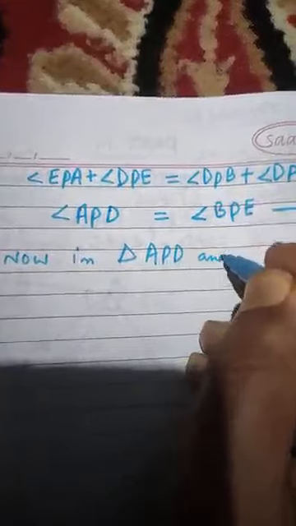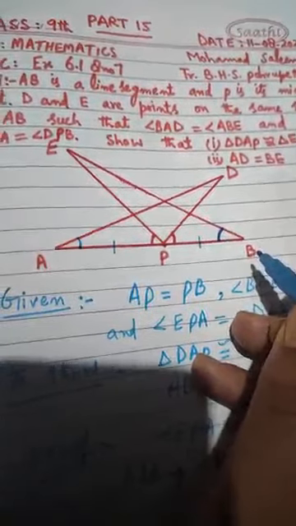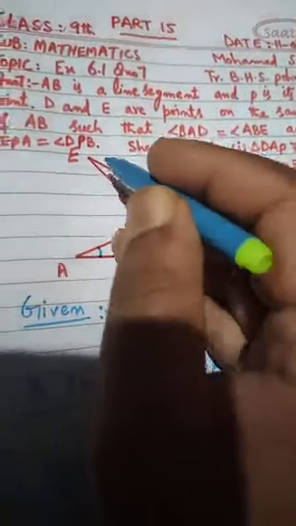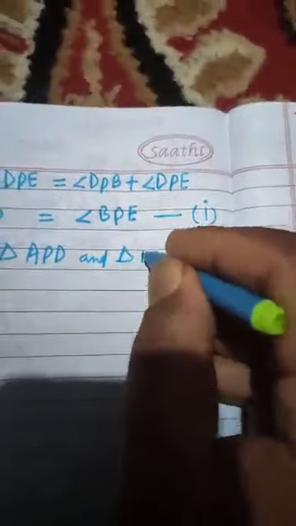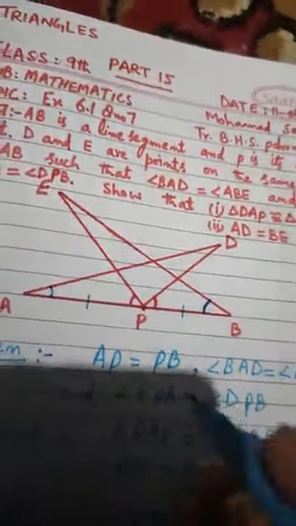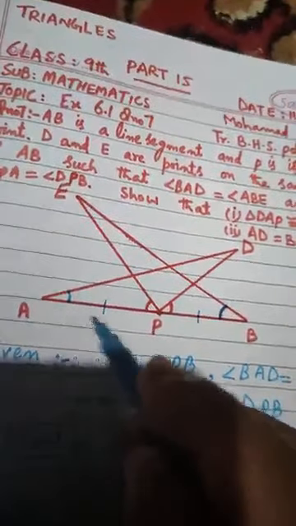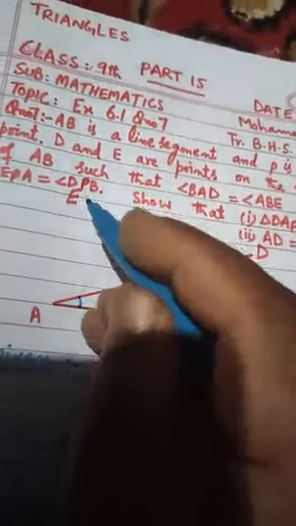APD. And the next triangle we will take as BPE, triangle BPE. Now see what is common between triangle APD and triangle BPE.